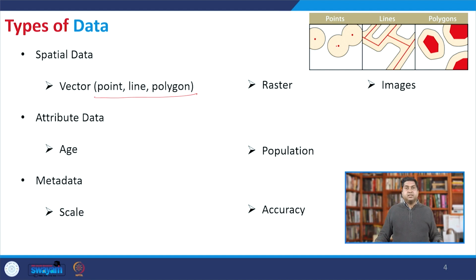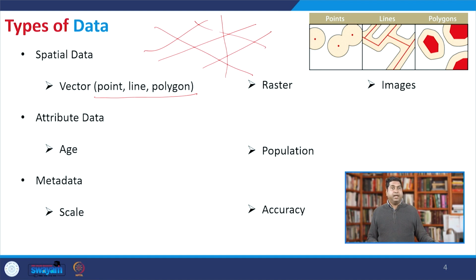Next to that is the line. Whenever we talk about the transport network or the river network, in all such cases it is not a point, it is some line, right? You have certain kind of transport network, or it may be a river, a natural setup that you want to identify. In those cases they are line data. Now what about the polygon? A polygon is some sort of defined area.